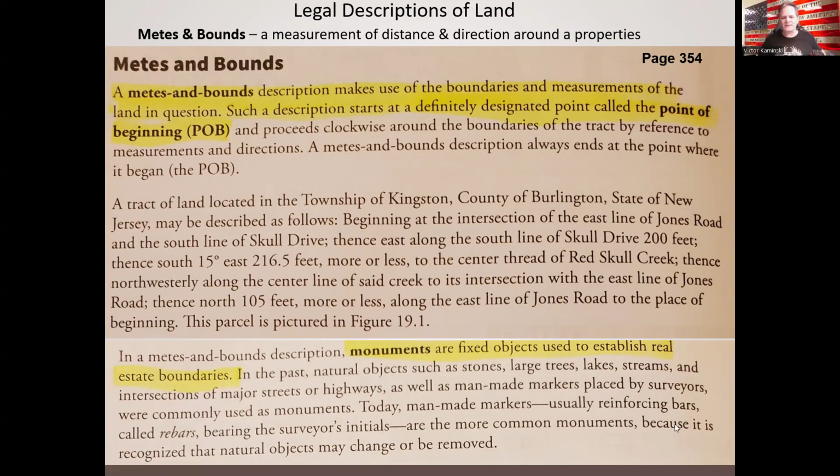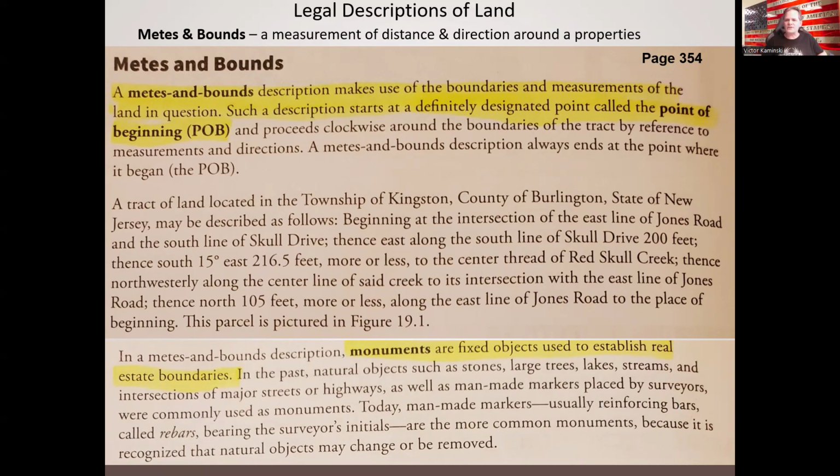Now, in the past, as they show you here, these days the surveyor will usually put a piece of wood or a ribbon or a piece of steel rebar, those reinforcement bars, in. They'll pound them into the ground at each of the corners of the property.